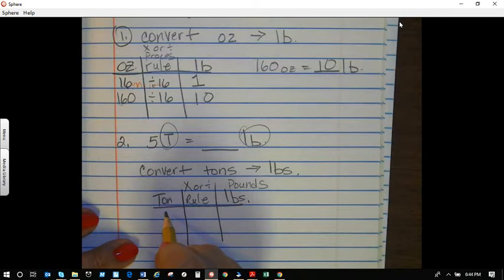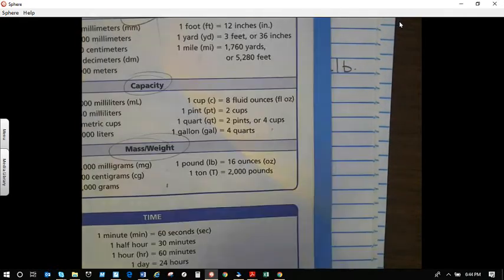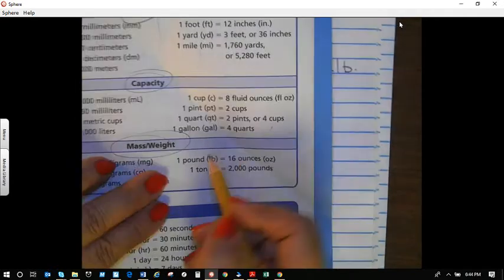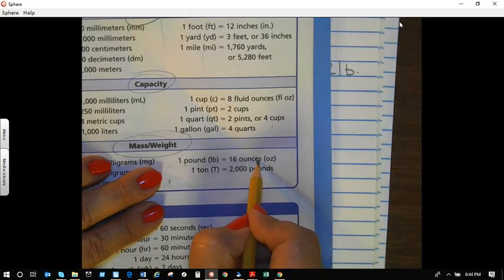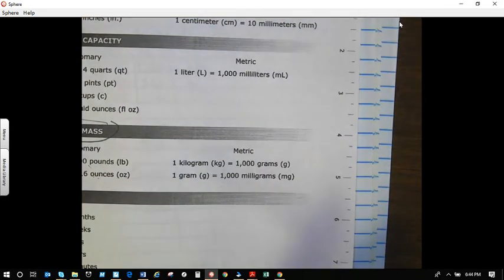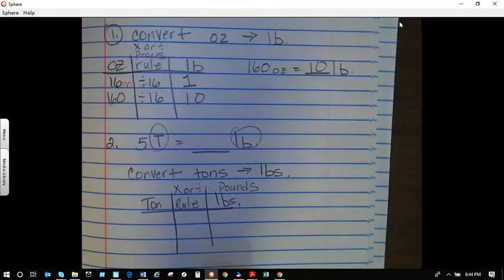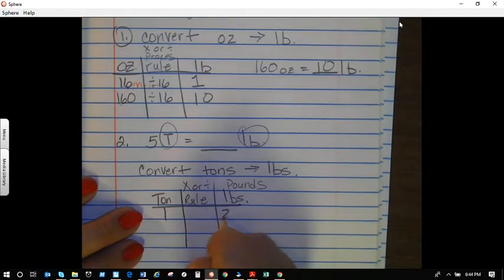I know that if you have this sheet here that came in from the Go Math, I have 1 pound, 16 ounces. You won't see that on STAR. You'll see this paper here, but still using it for the information is wonderful. So 1 ton is equal to 2,000 pounds. 1 ton, 2,000 pounds.